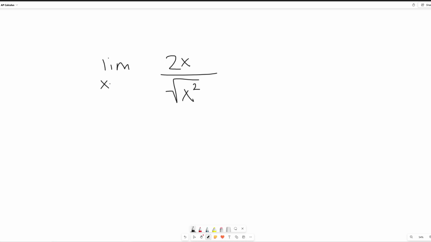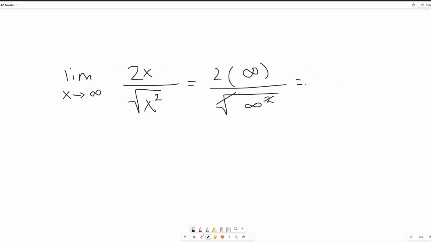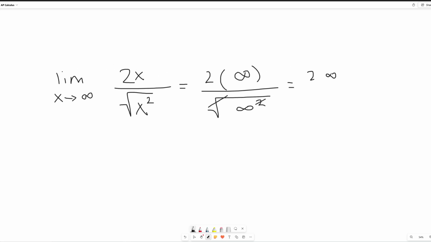Limit as x approaches infinity, all right? We're going to have 2 times infinity over the square root of infinity squared. But since this square root can cancel with this square, you have 2 times infinity over infinity.